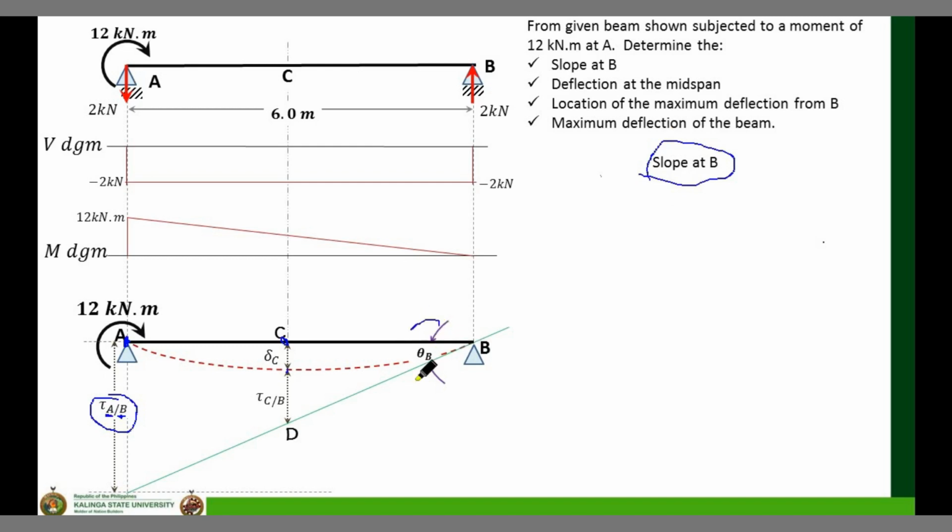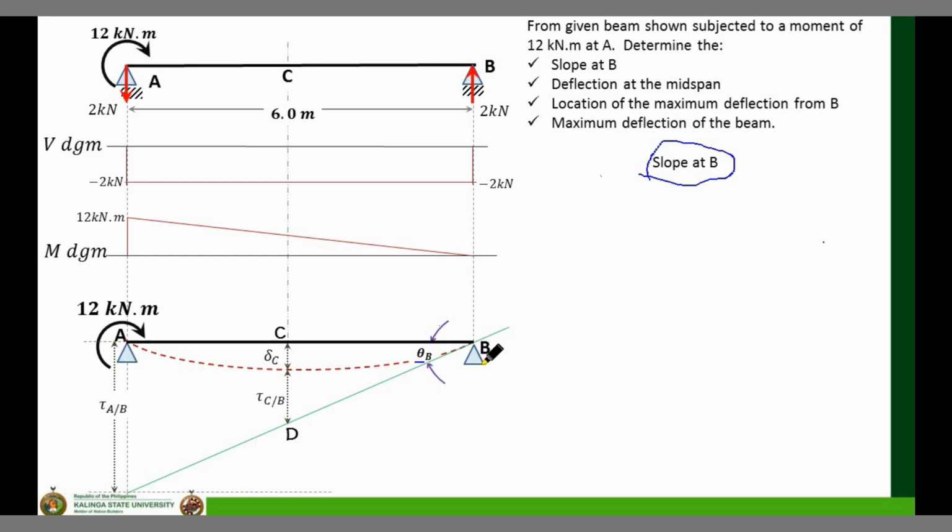So, going back to this, since ang first na hinahanap natin is the slope at B, yun yung angle na ito. Now, if you try to look at this diagram, at this free body diagram, ano ang gagamitin ko to solve for the slope of B, or itong angle na to? Itong angle na to. Ano ang gagamitin kong function para makuha ko itong slope at B? Looking at that diagram, it looks like triangle siya, di ba?